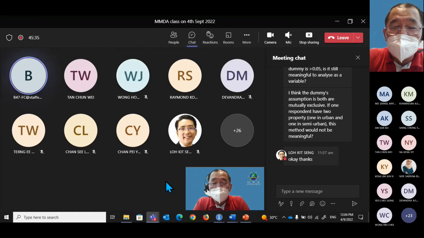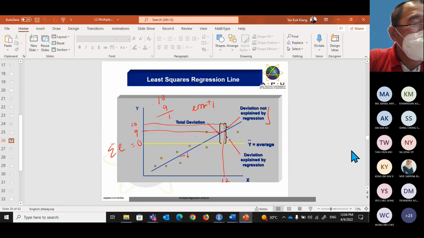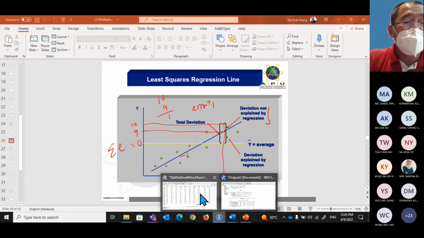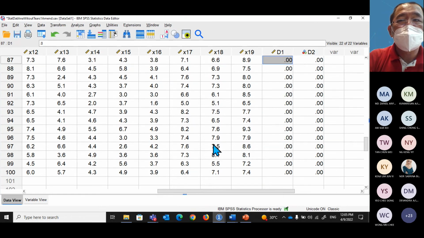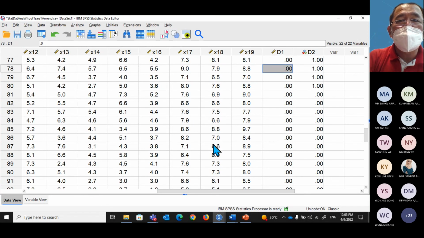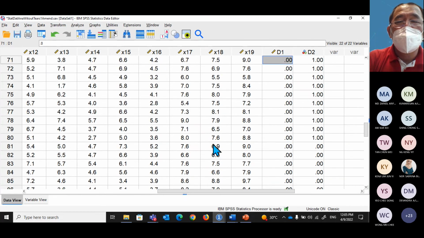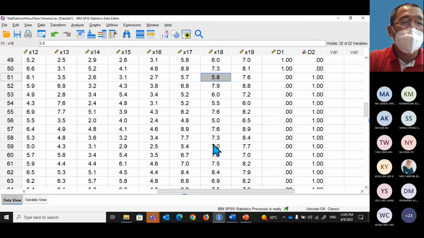If no problem, we are done with the dummy. Any question? For this 51 to 80, why do we need to set D2 to one?